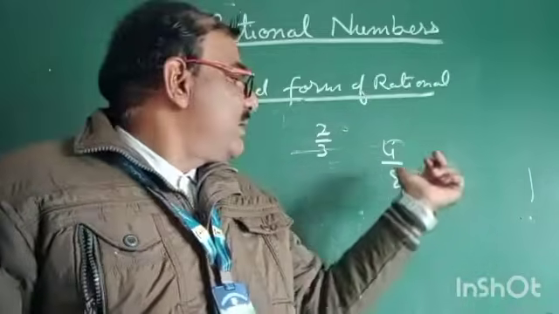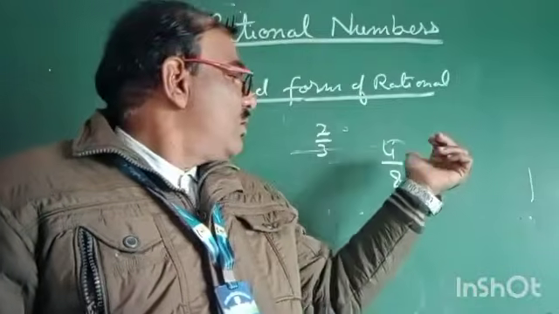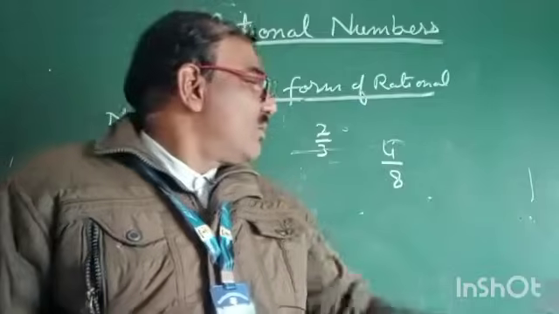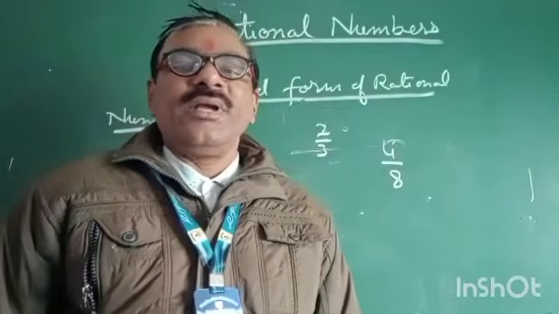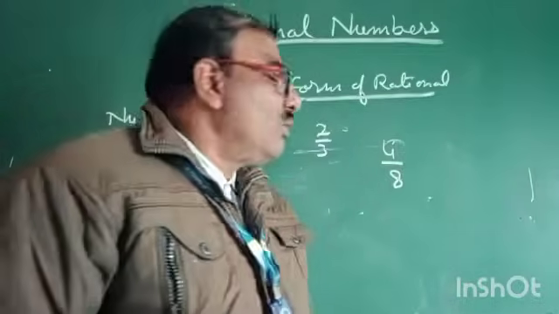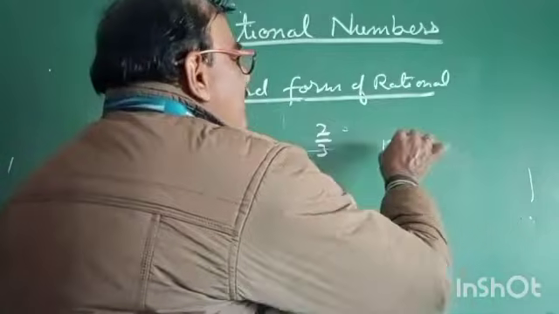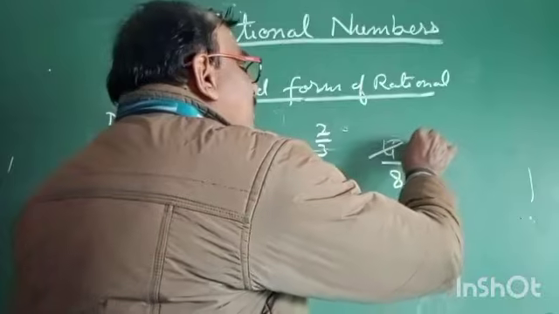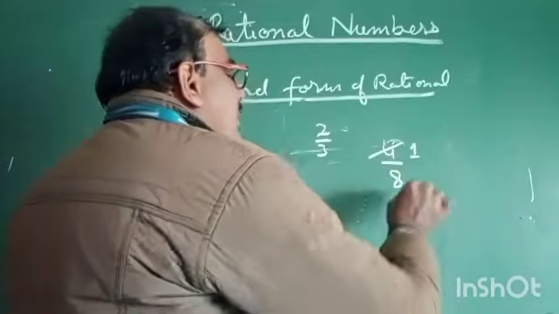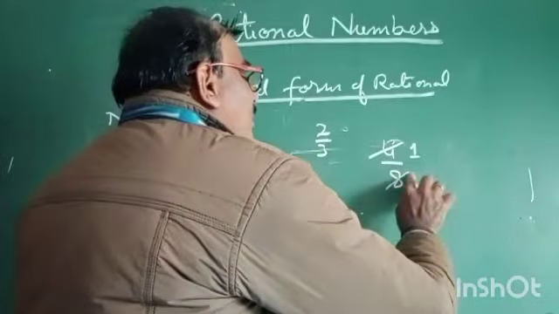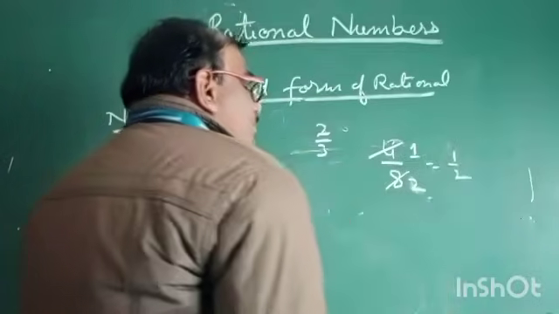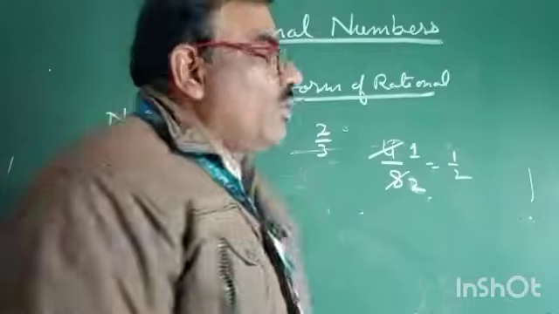HCF of 4 and 8 is 4, so I will divide 4 and 8 by 4, then we get the standard form of 4 upon 8. 4 divided by 4 we get 1, and 8 divided by 4 we get 2, so 1 by 2.